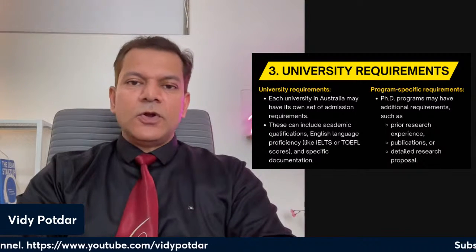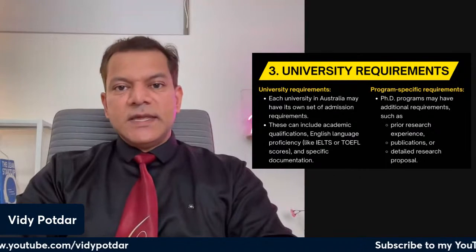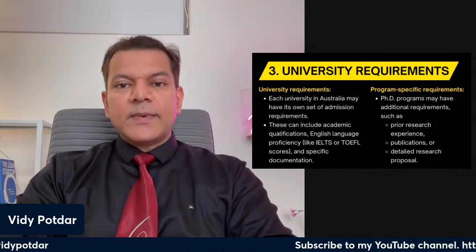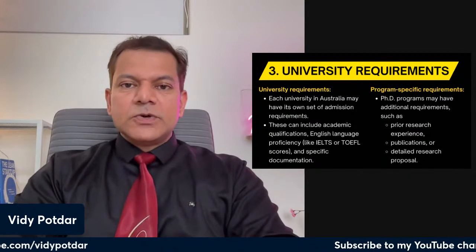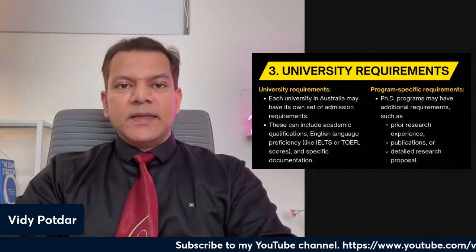For a specific PhD program, maybe if you want to do a PhD in medicine, computer science or engineering, they may have some specific requirements. So you need to keep an eye on those as well, because they could be some additional requirements other than what the university has provided. It could mean that you need to have some prior research experience.